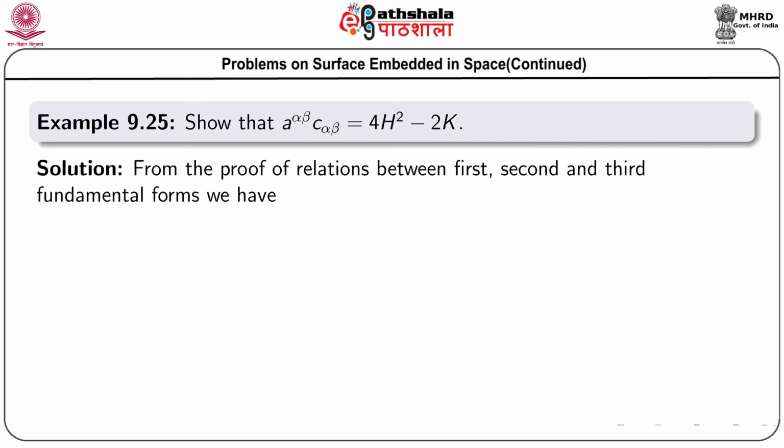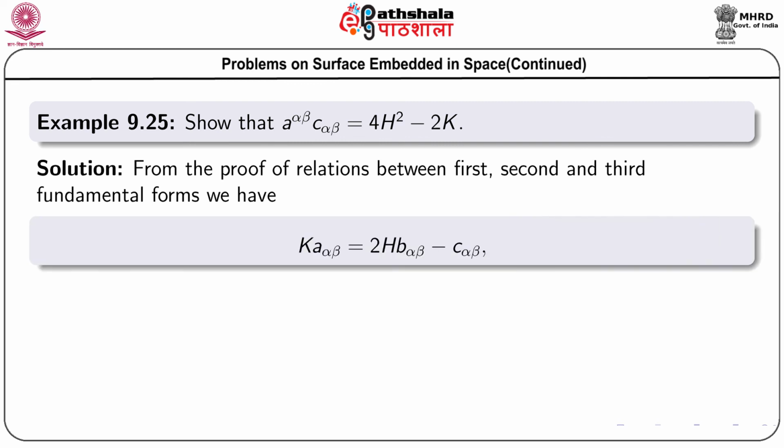Now, from the proof of relations between first, second and third fundamental forms, we have k A alpha beta equals 2 h B alpha beta minus C alpha beta. This expression we have obtained in module 1 of chapter 9.